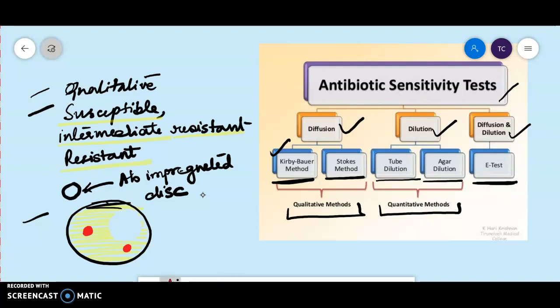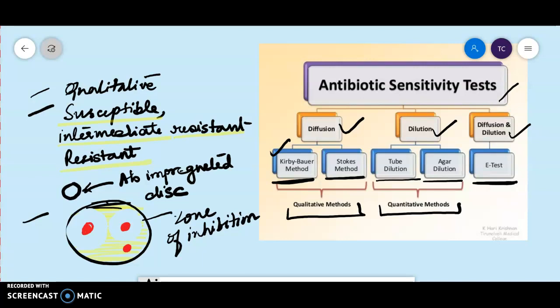So you get to see a zone of clearance all around the antibiotic. So that is what is called your zone of inhibition.